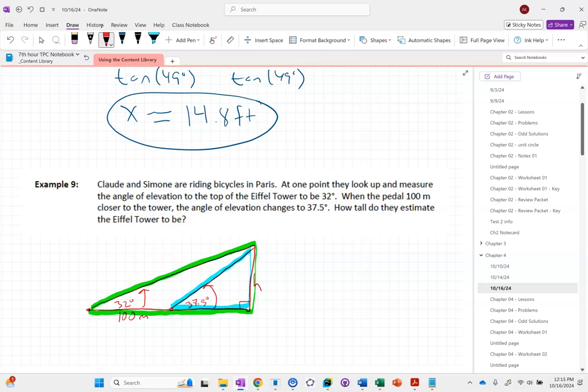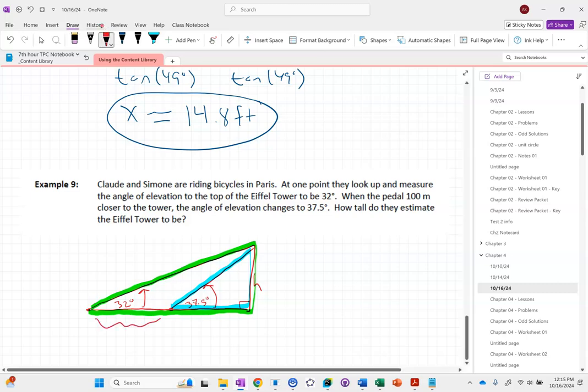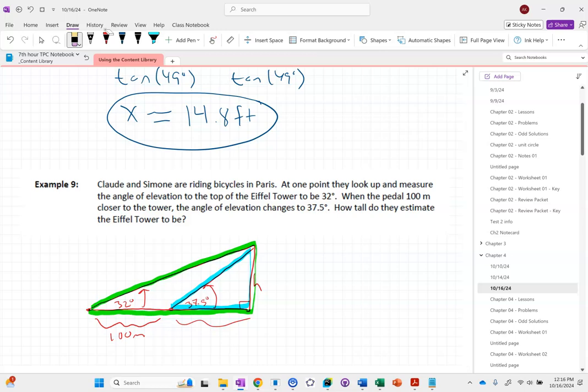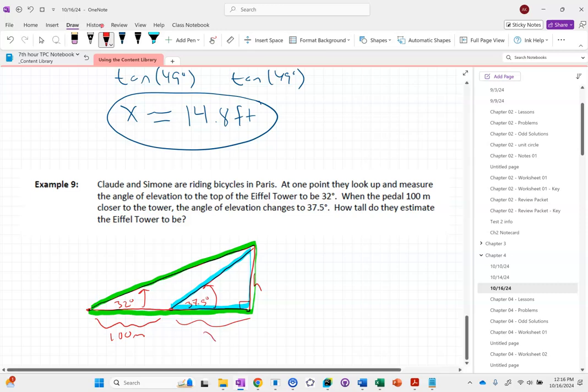The green one, we do not, because the 100 only applies to this little part here. It doesn't apply to whatever this is. Everybody notice that we don't have a side length and an angle for either right triangle? You guys can see that? However, this unknown piece is part of both triangles.